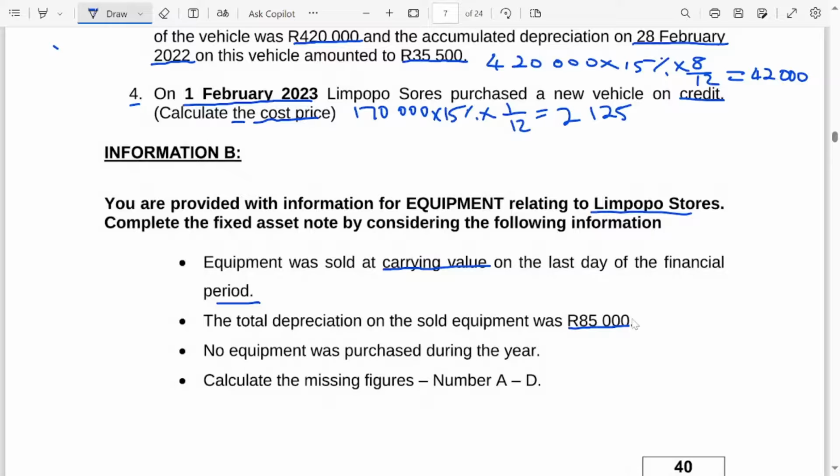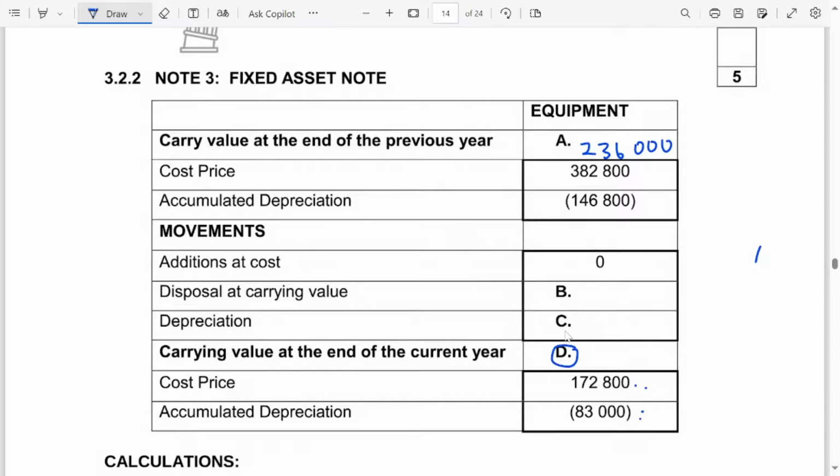Then they are saying the total depreciation on the sold equipment is 85,000. So total depreciation for the asset being sold is 85,000. Let's put it here.